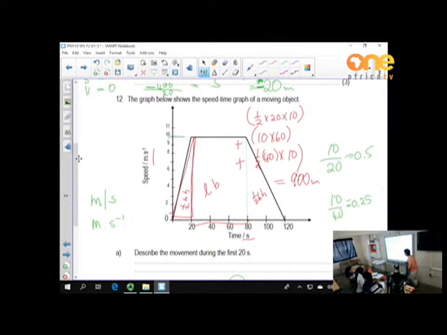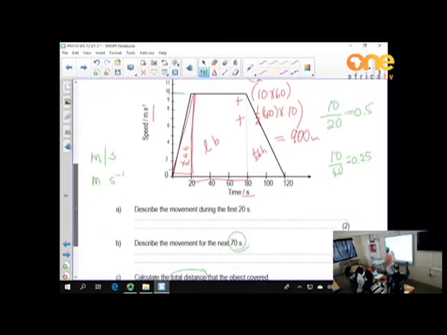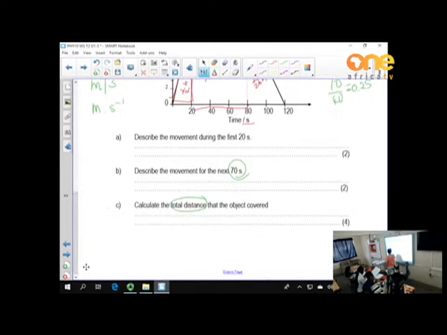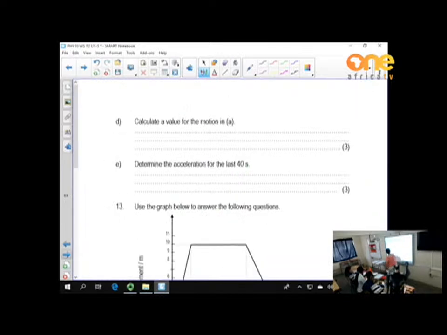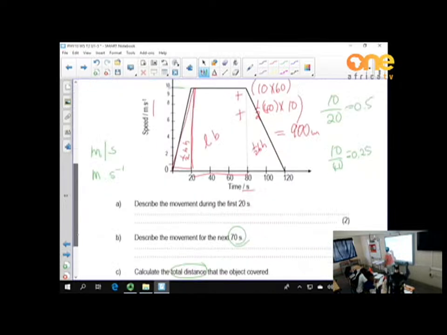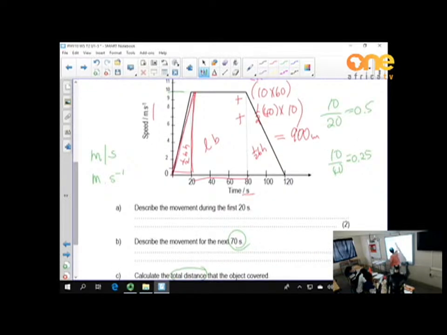The next two. Is that the acceleration? Describe the motion. What is the value for the motion in A? We have to calculate the acceleration, which we said is the gradient of that line.